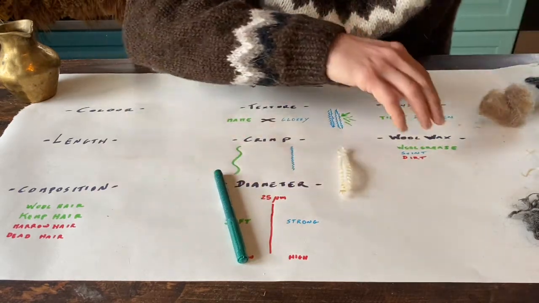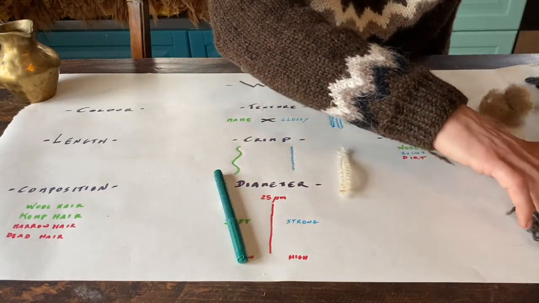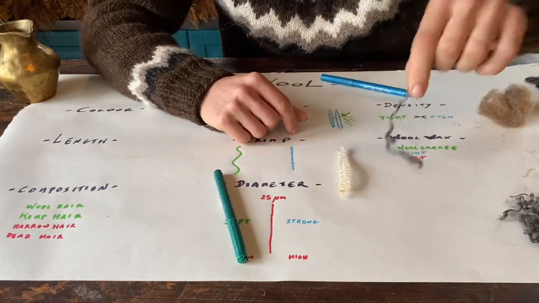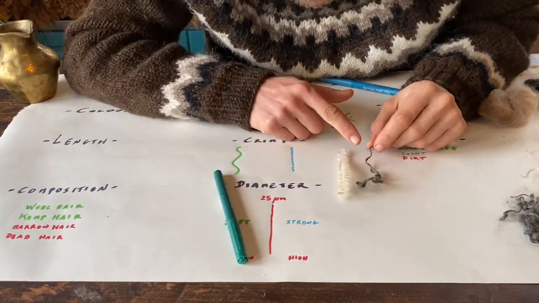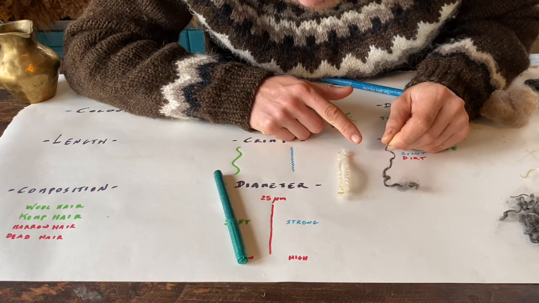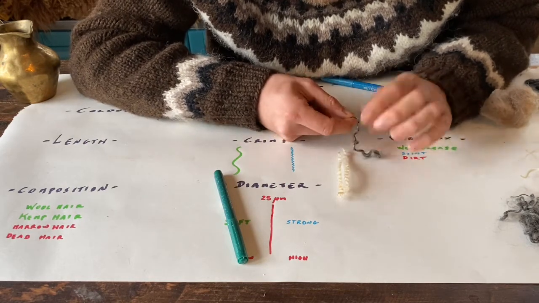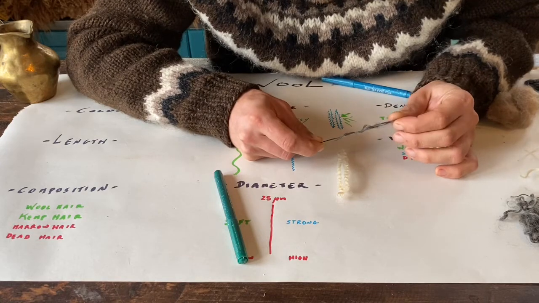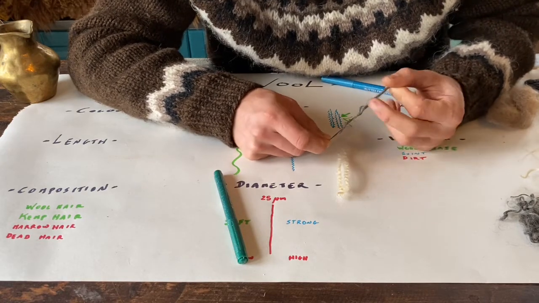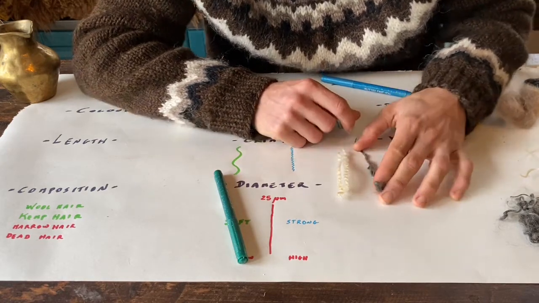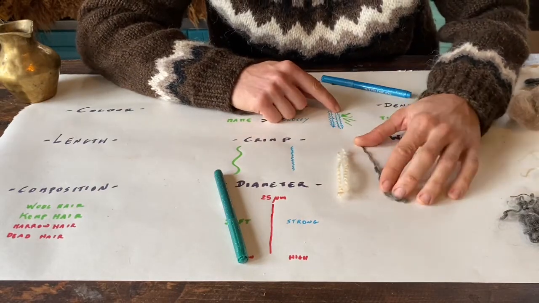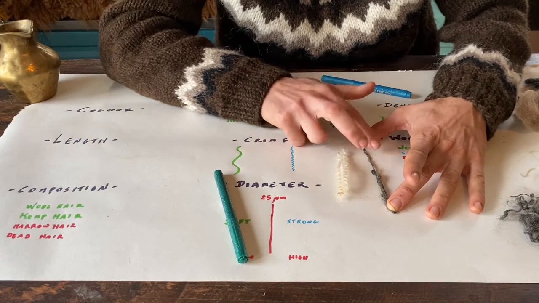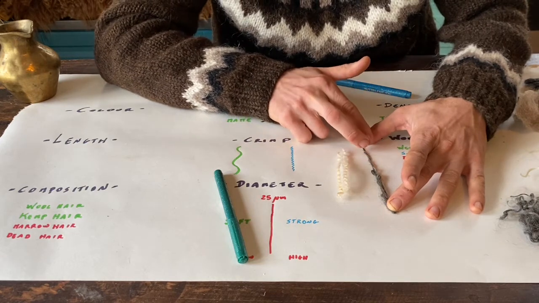On the opposite end of the scale, we can take something like this, which is our Norwegian pelsesau, which is basically just a Norwegian variation of a Swedish pels sheep, or Gotland sheep, as they were known before. And we can say this has a much less rough surface of the hair.